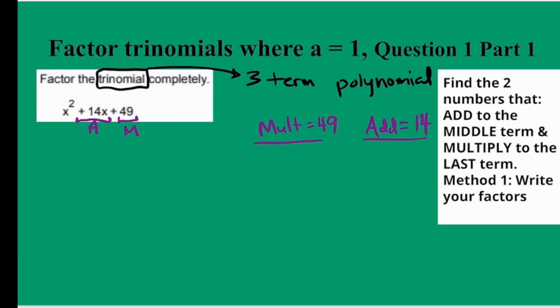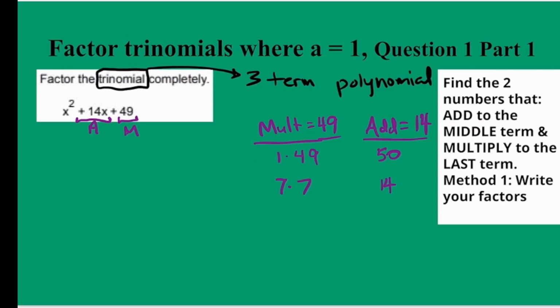One strategy is to just write the factors out. So 1 times 49 gives you 49. The only other number that goes into it is 7, so 7 times 7. If you add these up, 1 plus 49 is 50, 7 plus 7 is 14.